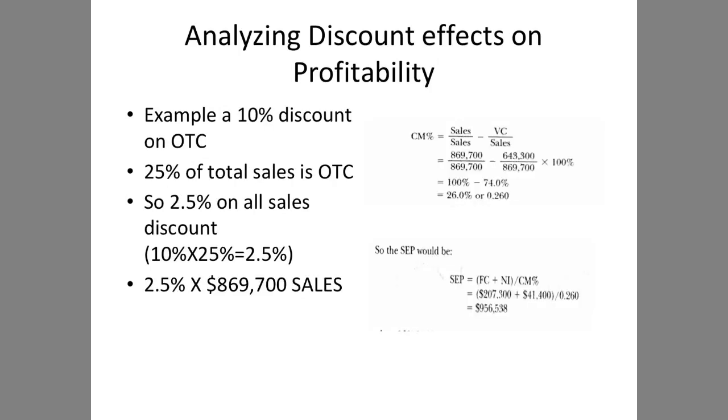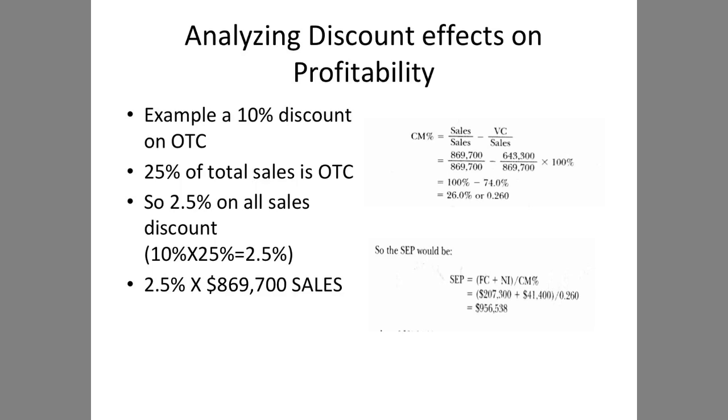Another could be in discounts. This is an example of an OTC discount, but think about when you're signing a new third-party contract. Third-party contracts, especially ones on preferred networks, a lot of times you're taking a bigger hit. So you need to analyze what you need additionally in sales to be able to stay even. This is a simple example using an OTC discount.